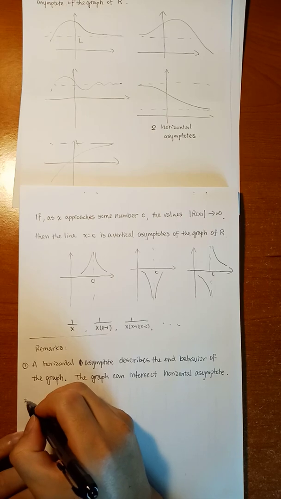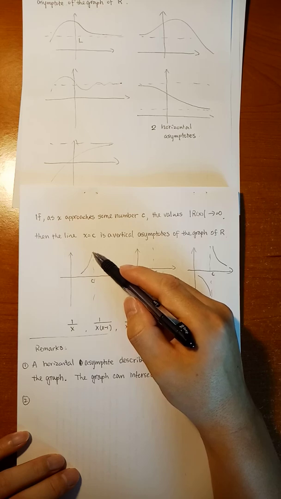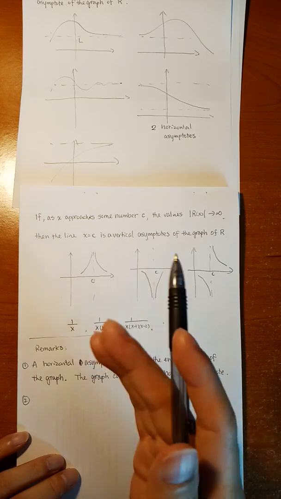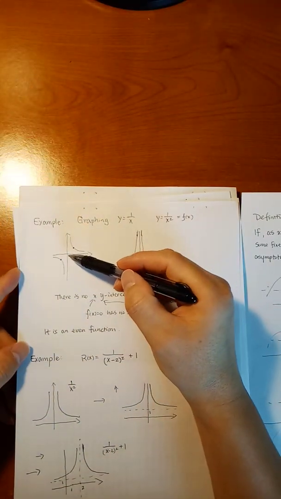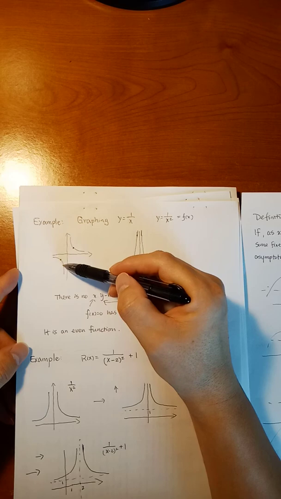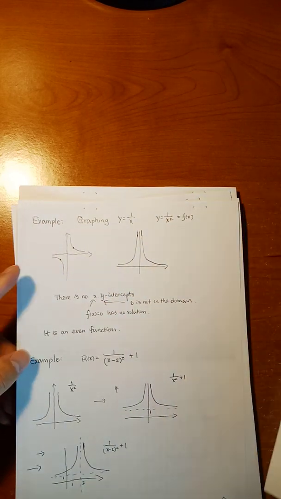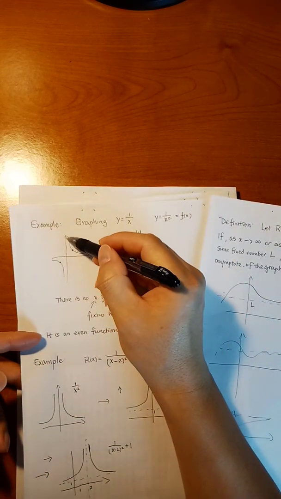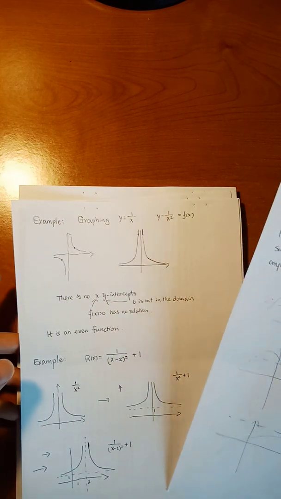But for the rational function, if we want to construct a vertical asymptote, for example, 1 over x, then x equal to 0 is a vertical asymptote. When x approaches 0, you will get either positive infinity or negative infinity. Or here, when x approaches 0, they both approach positive infinity. But 0 is not in the domain, there's no point on the graph. There's no intersection between the vertical asymptote and the graph.